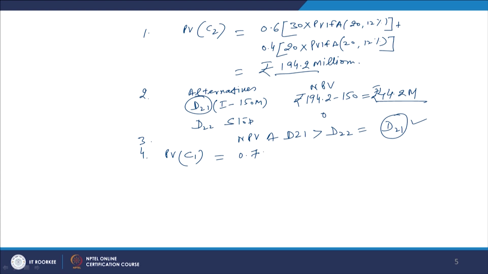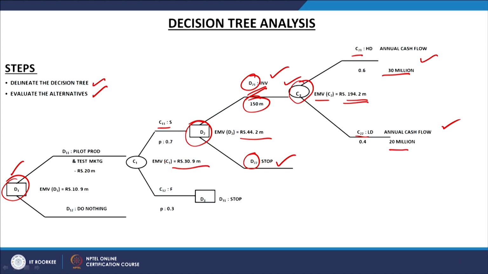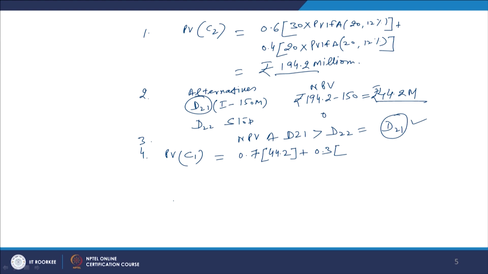So, it is 0.7 into the cash flow expected, 44.2, right, plus 30% chances of failure, where the cash inflow is going to be 0, because if there is a failure there is no cash inflow.